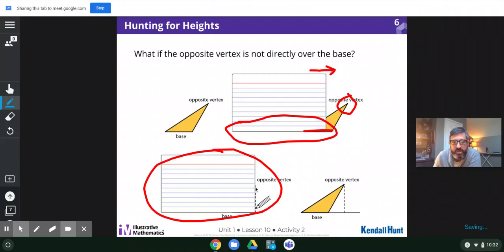Once we do that, you can draw your nice, straight, perpendicular line to the base, and then it ends up looking like that last example. So line your card up with the base, slide it along the base until you reach the opposite vertex, or the opposite corner, and then draw our perpendicular line to the base to get to this last example like we want to finish up with.